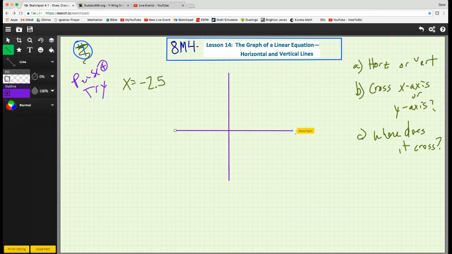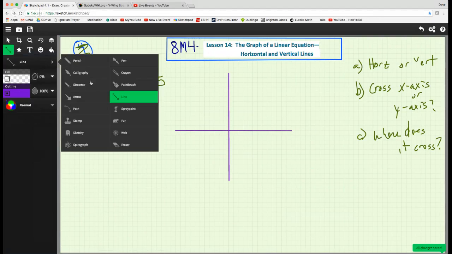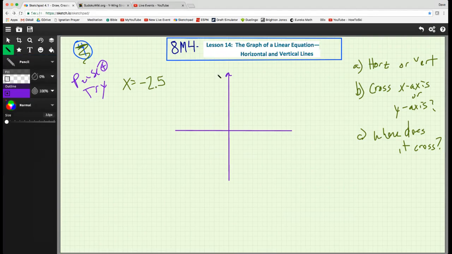Let's draw our axis, our coordinate plane. Here's our Y, here's our X. Well, because this is X equals -2.5, I know it crosses the X axis. So it crosses somewhere along here. Because X is -2.5, I know it crosses right here.